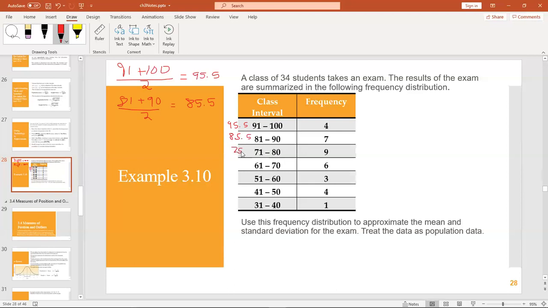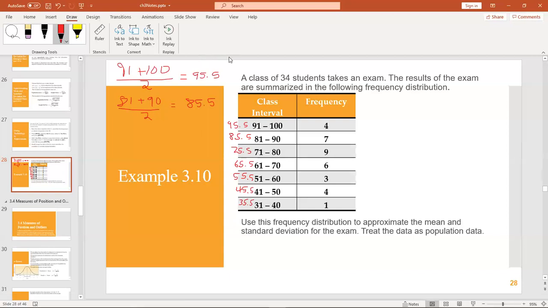This is 75.5, 65.5, 55.5, 45.5, and 35.5. So it's just the 5.5 value of each of these intervals. And the way you find that is you simply do the low end of the interval plus the high end of the interval, add them up, and then divide by 2.